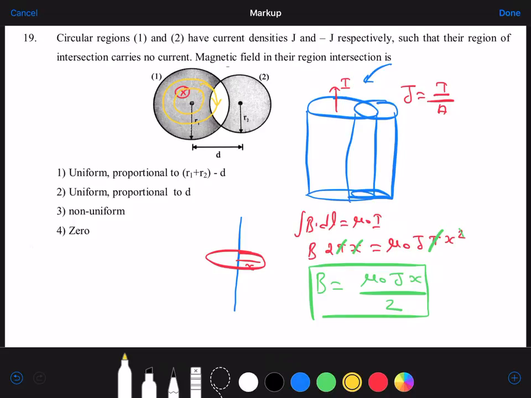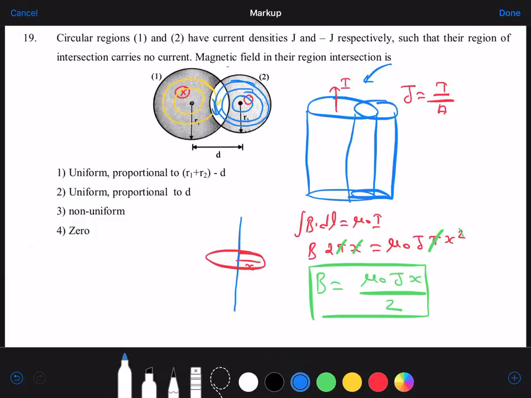Same as that, in the second cylinder, if current is moving in upward direction, then according to Ampere's law the magnetic field lines will be in concentric circles like this. And in between, the direction is also downward, so these magnetic field lines do not cancel each other.